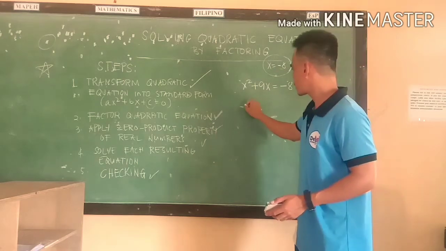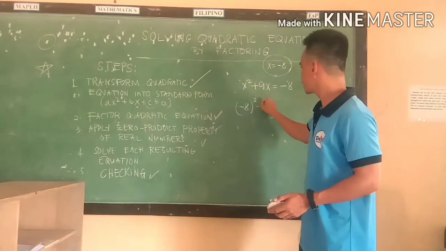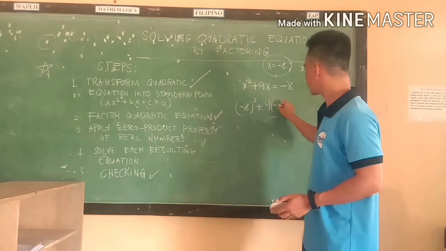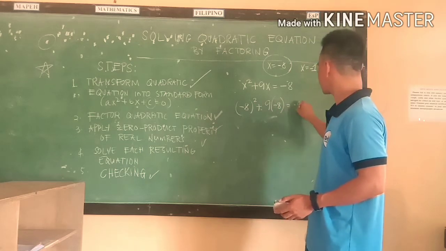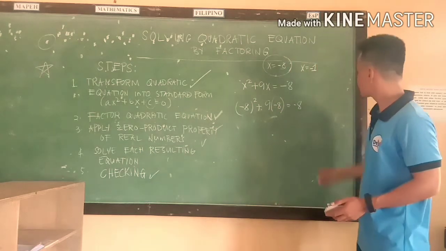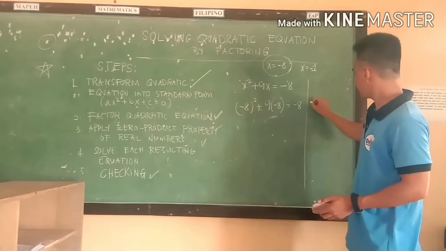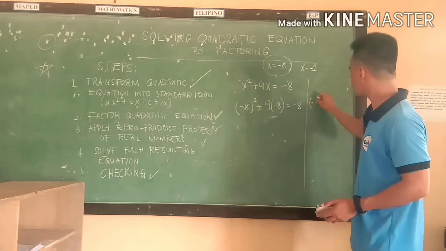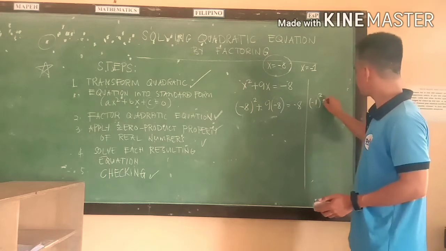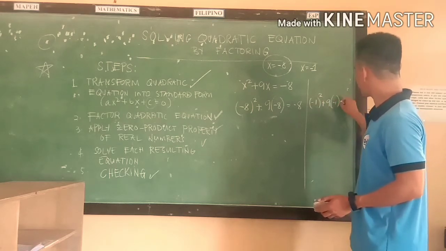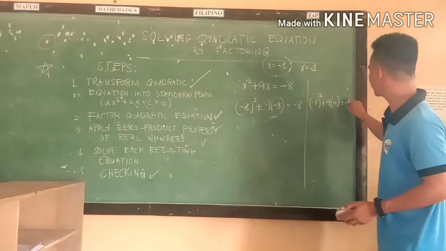So therefore, this is negative 8 squared plus 9 multiplied by negative 8 equals negative 8. Yung isa, sabay na natin. Negative 1 squared plus 9 multiplied by negative 1 equals negative 8.